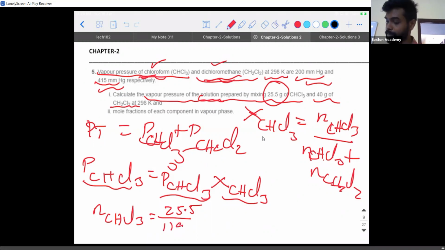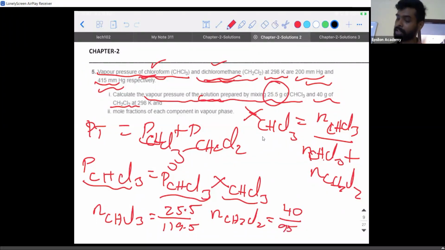Okay. That is the number of moles of CHCl3, given mass by molecular mass. Same way, number of moles of CH2Cl2 would be 40 divided by 85. Okay. So substitute these two values here and here.